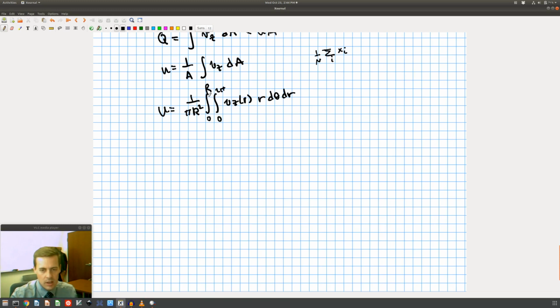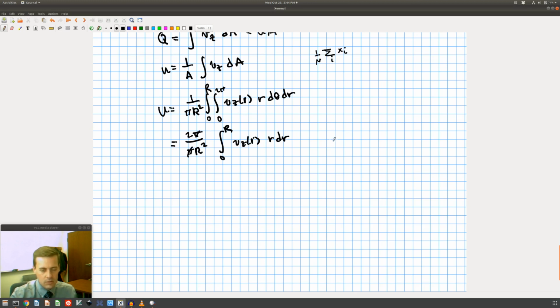So I can do the d theta integral first. That'll just give me a 2 pi. So I get 2 pi divided by pi R squared. Now I have the integral 0 to R of Vz of r dr.